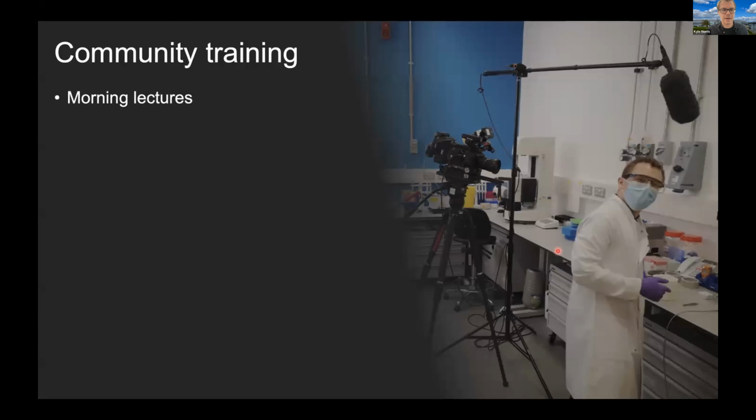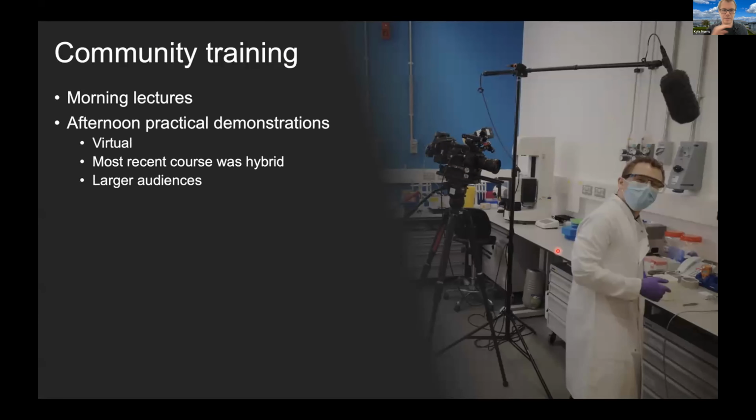So community training looks like morning lectures and afternoon practicals. We make these virtual, but actually our most recent course was fully hybrid. We bring in larger audiences. For the lectures, actually, this has been several hundred people for one of these courses.